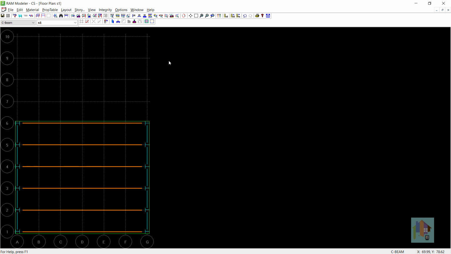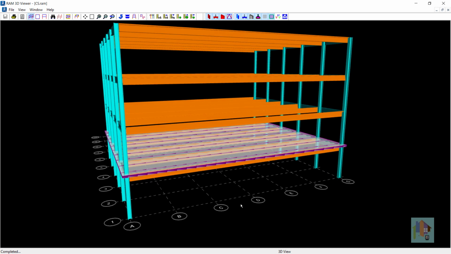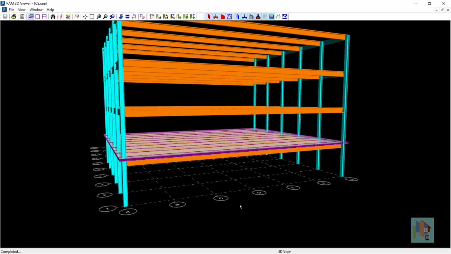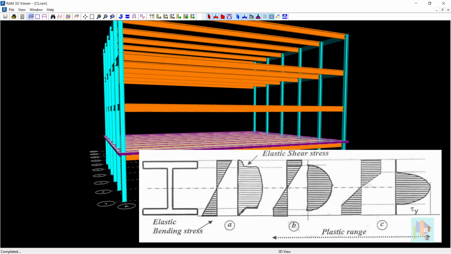Scenario 2. This is a composite deck of a steel building, and due to higher floor load generated from the dead and live load, the bending moment in the floor beam about major axis is quite high. We know that this moment is resisted by the flange of the beam, right? If we look at the bending stress diagram, we can easily conclude that the contribution of the web in resisting moment is very low.